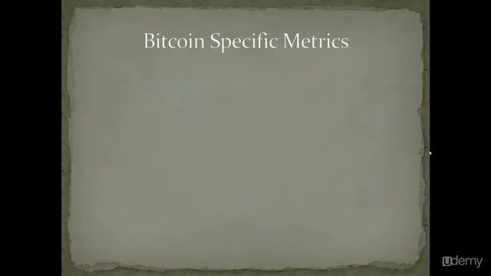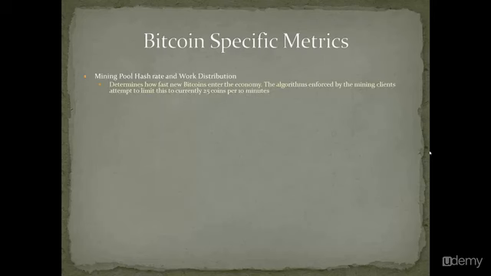Okay, so let's discuss some Bitcoin-specific metrics. The first metric is the mining pool hash rate and work distribution. We're going to discuss this in great detail in the mining lecture, but for the time being, let me just tell you that new Bitcoins enter the economy at a rate of about 25 coins every 10 minutes. And the algorithms try as hard as they can to ensure that this is the case. It's very complex how this is done.